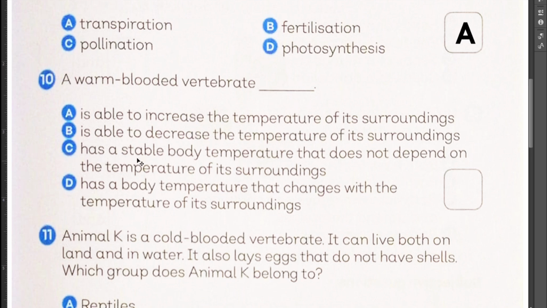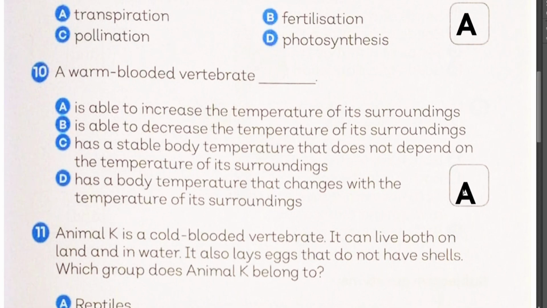Letter C, has a stable body temperature that does not depend on the temperature of its surroundings. Or letter D, has a body temperature that changes with the temperature of its surroundings. So what is the characteristic of a warm-blooded vertebrate? The answer would be letter C. Even if it's cold, they maintain their temperature.